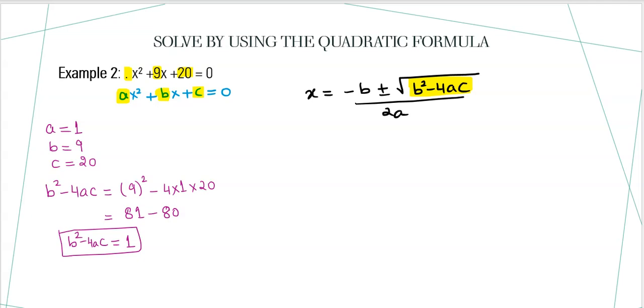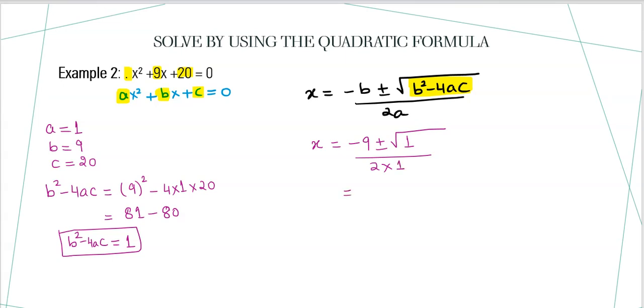Now, finding the value of x using the quadratic formula, let's substitute here. x equals −b, which is −9, ± √(b² − 4ac), the value of which is 1, over 2 multiplied by a. Again a is 1.